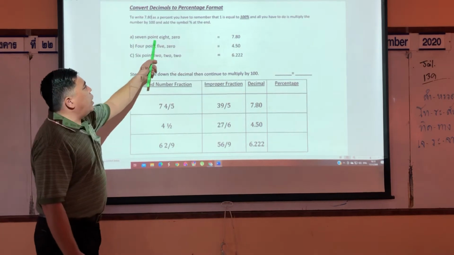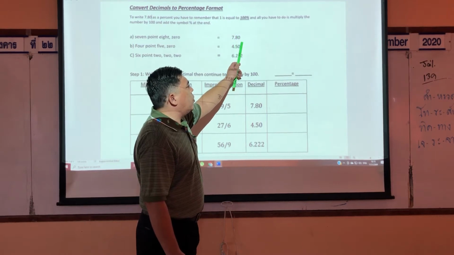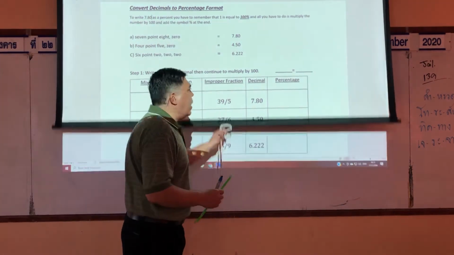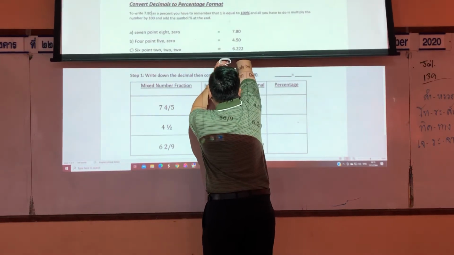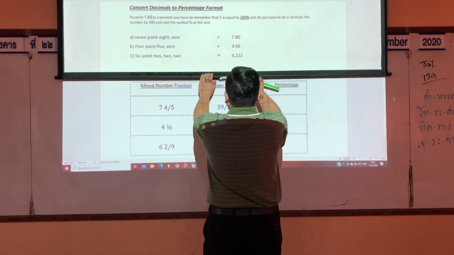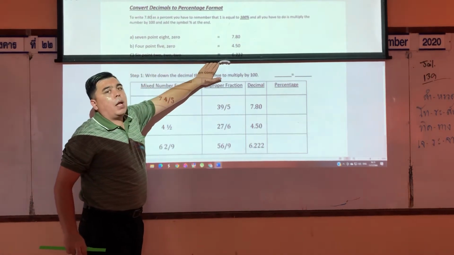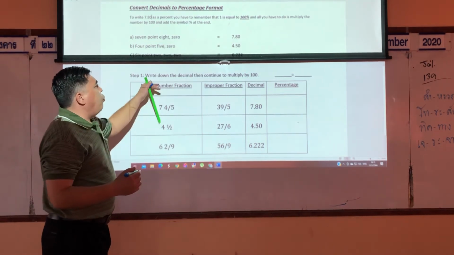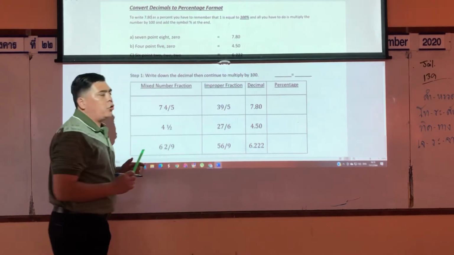7.80, which is written as 7.80. Now it says that all we have to do is multiply by 100. So, first step, write down the decimal, then continue to multiply by 100.